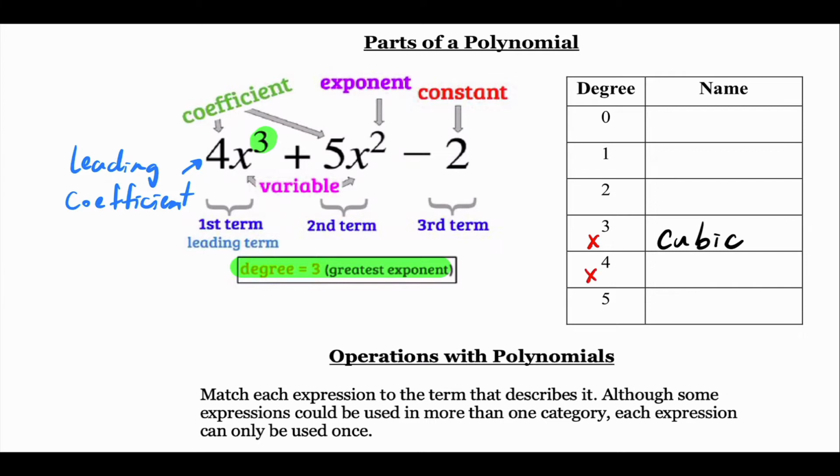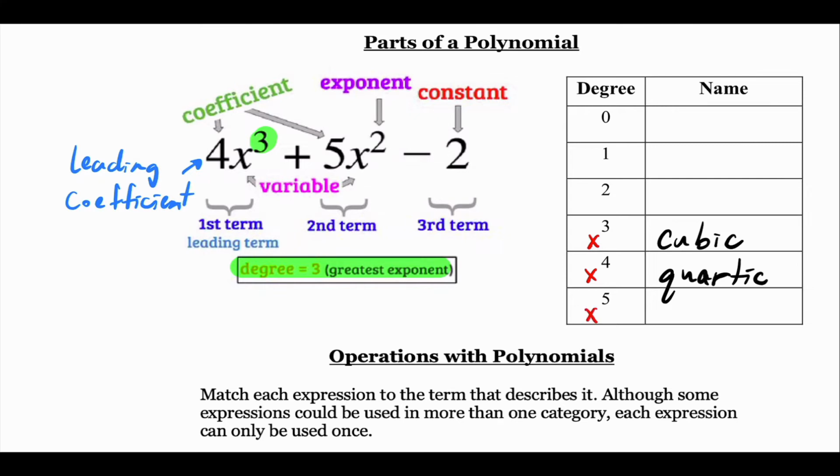We don't have this on here, but if anything was to the 4th power, we would call it quartic. Like quart, right? A quart of milk. The reason we call it a quart is because 4 of those make a gallon. Okay? So 4 quarters make $1. That's why you see the QUAR.